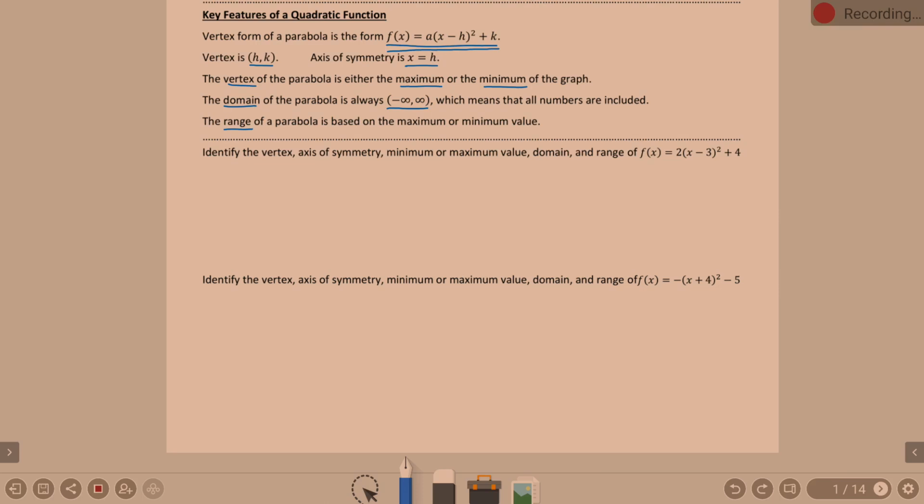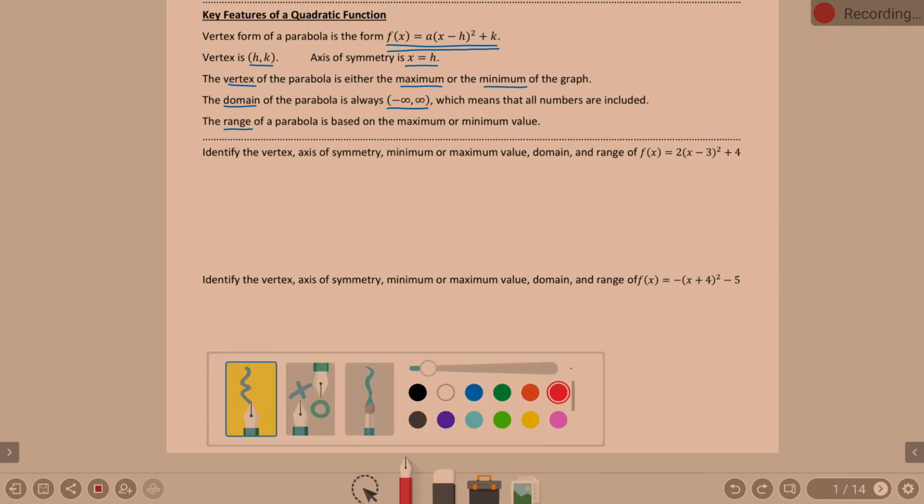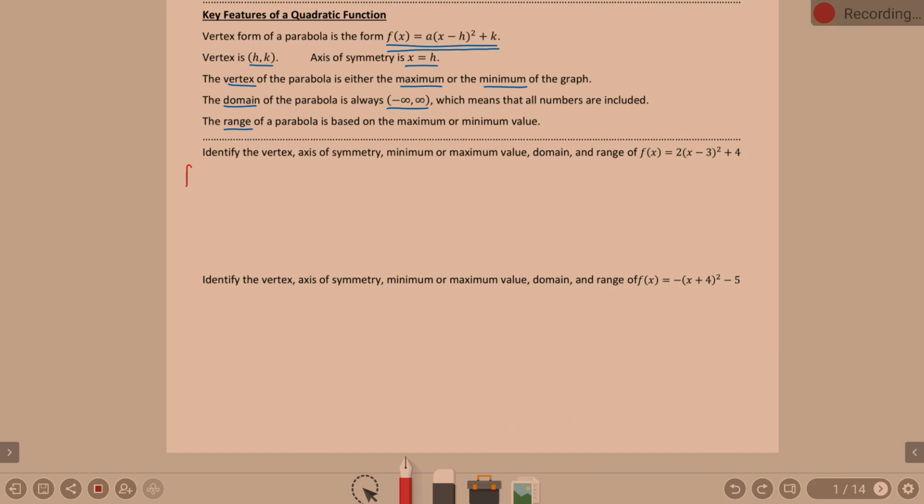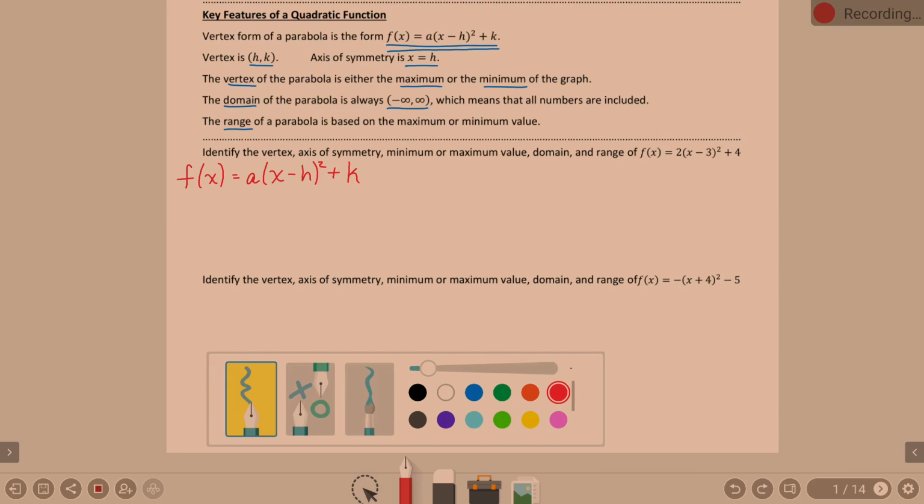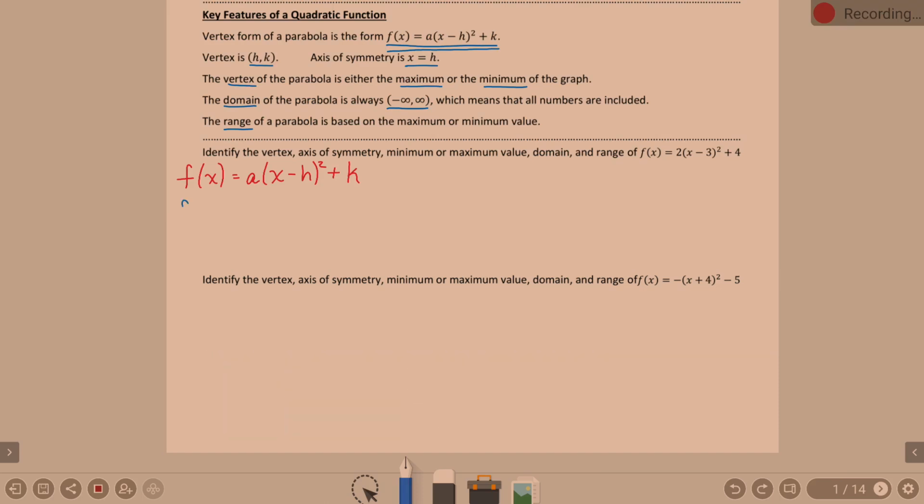First thing I'm going to do is write the form of the equation, f(x) = a(x - h)² + k. Okay, that's our vertex form. And I'm going to write the equation we're using right underneath it.